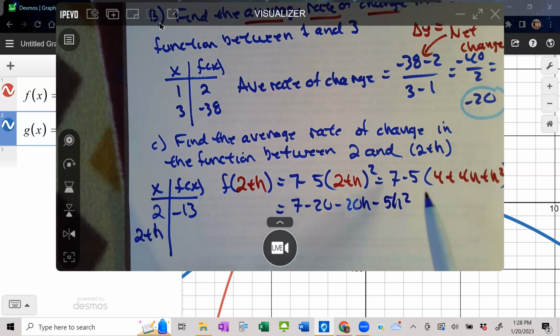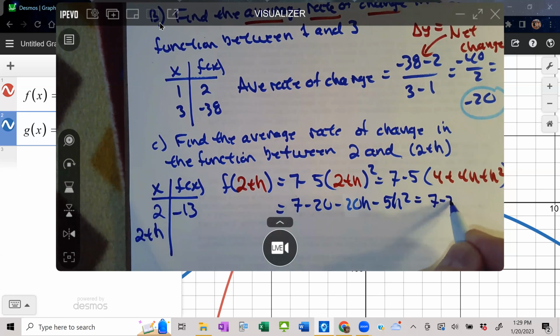Quick question for you. How come I can't combine these things first and just go, oh, that's 2 times this? That would be wrong because the order of operations says you have to do multiplication before you do addition or subtraction. So I can't subtract these until I distribute that -5. I end up with 7 minus 40h minus 5h squared.